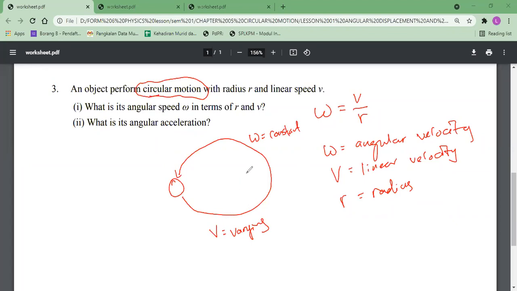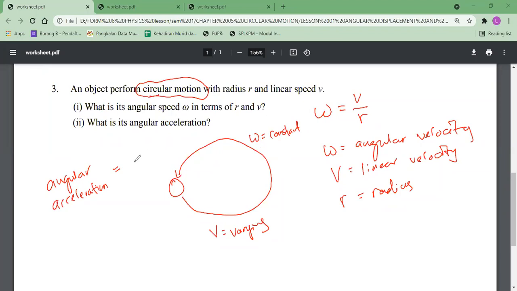Okay, so from here, if the angular speed is constant, is there any change of the angular velocity? No, right? There is no change of the angular velocity.